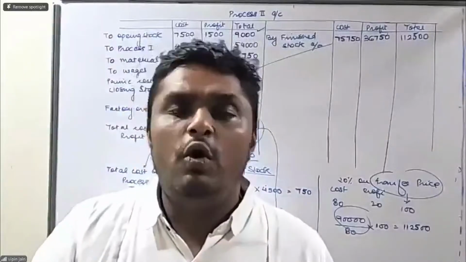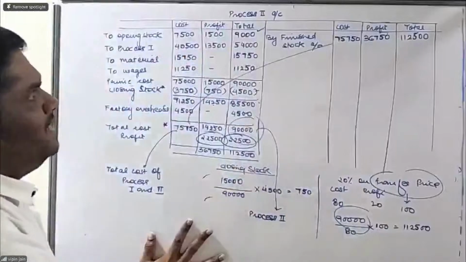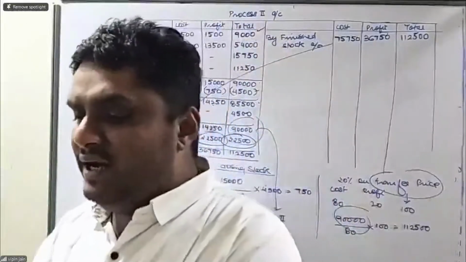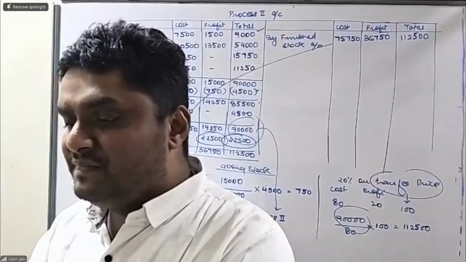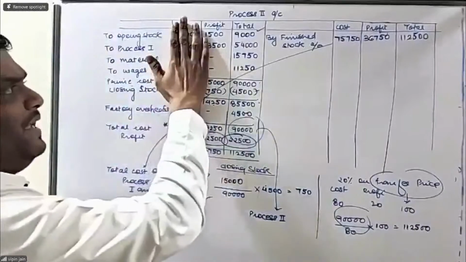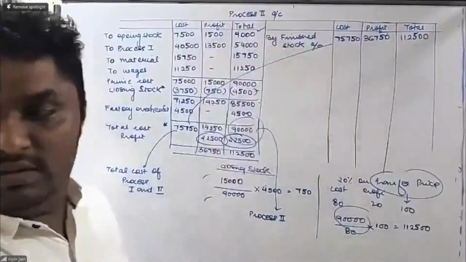So those who want to copy this explanation, you can copy. I find this approach better because of cost, profit, and total. In the study material, I think it is given like total cost and profit. So it's better to present it this way, that is, this much is my cost. If we add profit to cost, then we will get the total amount.